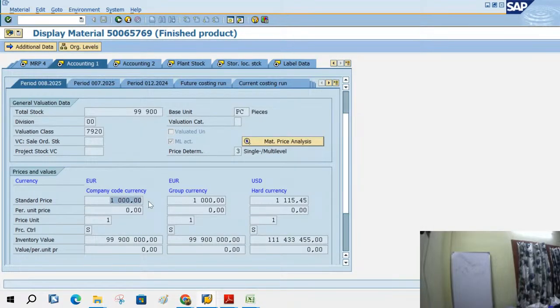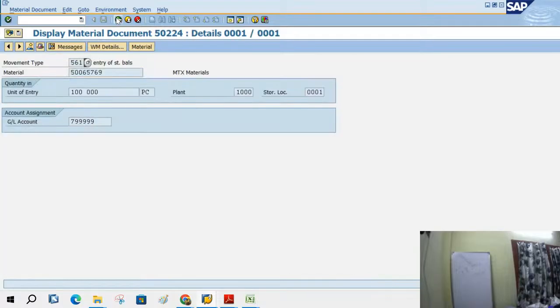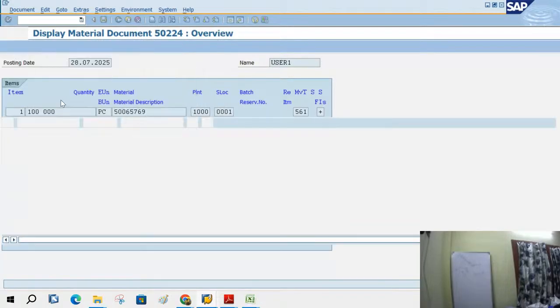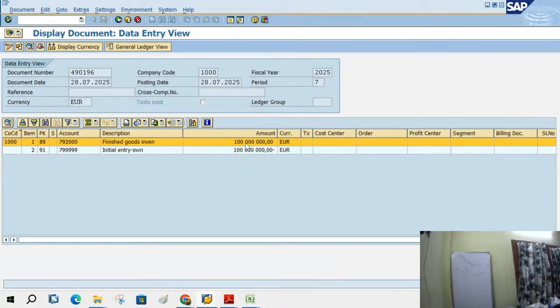Correct? And how much quantity have you posted? You have posted this much quantity. Correct? So what is the value? 1,000 into this much. Correct? So that is the reason: without thought process you have written some numbers. This is the value. Correct?